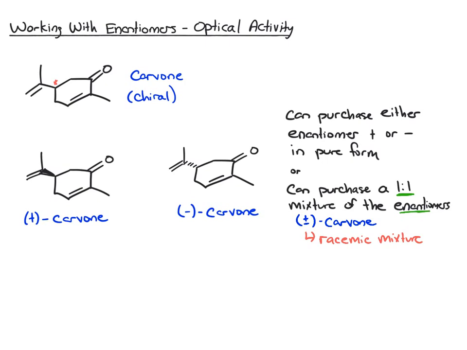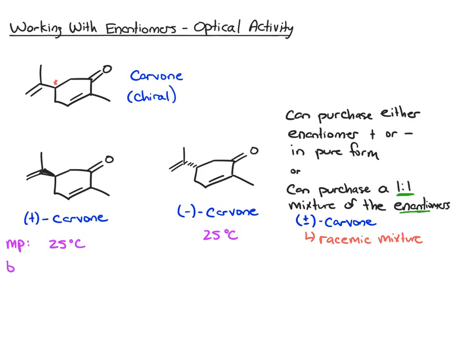Now with this, where exactly do these plus and minus values come from? Well, just to give you a little bit of an idea in terms of some of the properties, these two enantiomers, you can certainly get physical properties. You can take the melting point, and they're both 25 degrees Celsius.